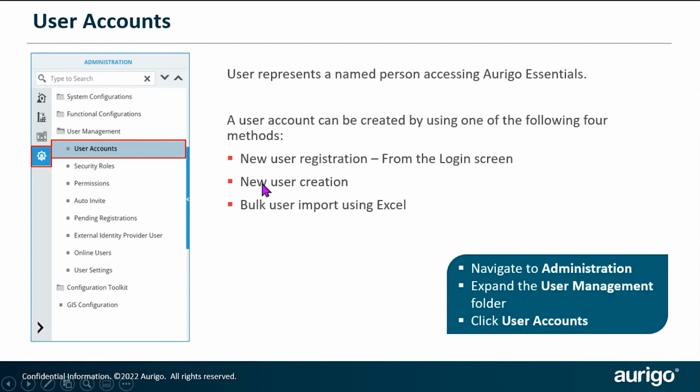If you are doing just simple manual entry, new user creation, you can do that. And then the bulk user import using the Excel file. This is when you want to do multiples, and they'll have the assigned default password.